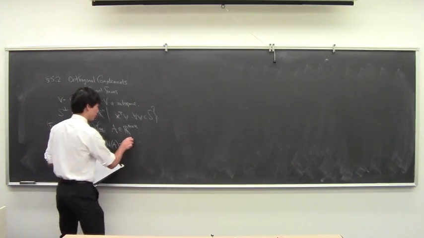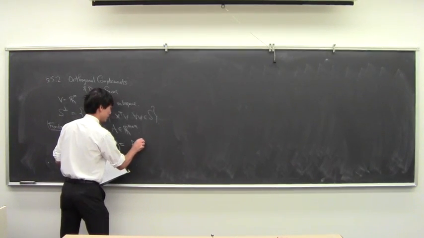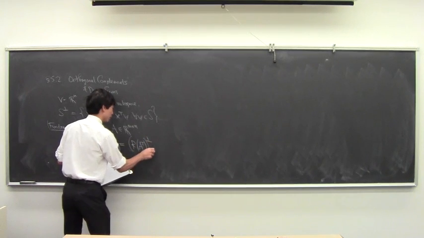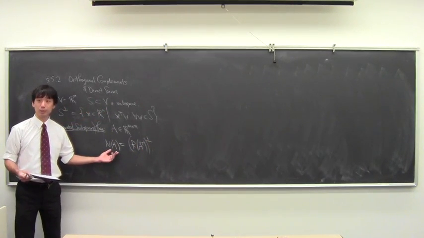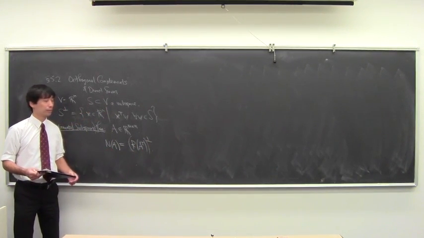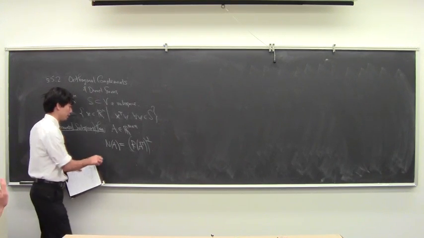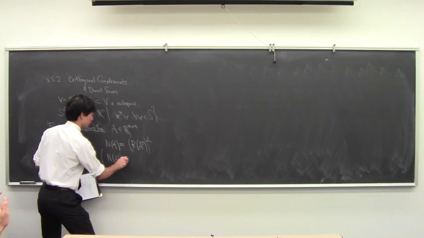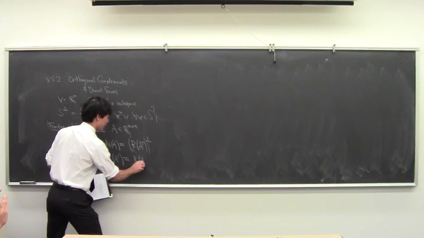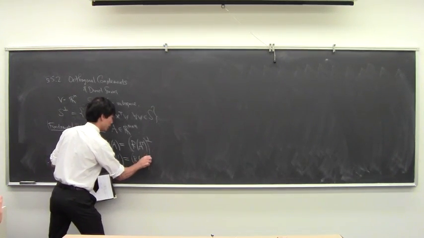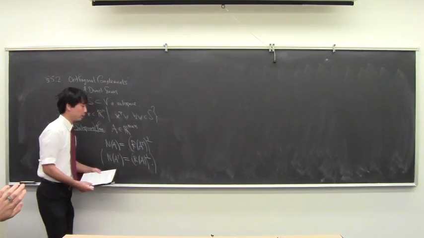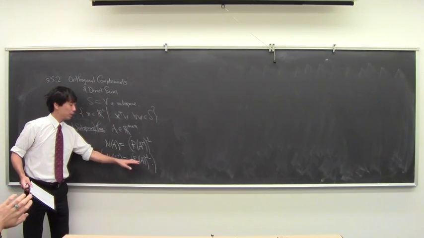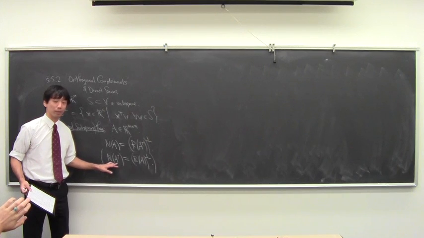Right, if you take the range of A transpose and then take the orthogonal complement of that, that's the same thing as the null space of A. And we commented that this is equivalent to saying that the orthogonal complement of the range of A is the same thing as the null space of the transpose.